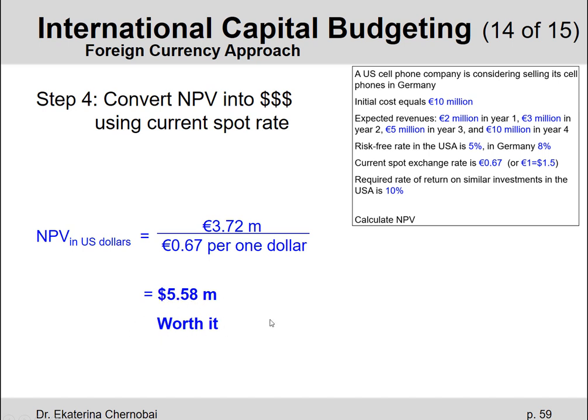Again, the conclusion is the project should be accepted. You could also do this last step using the other exchange rate version, $1.50 per euro. But in that case, you would need to take 3.72 million euros and multiply by $1.5 per euro. But that would also give you $5.58 million as the answer.